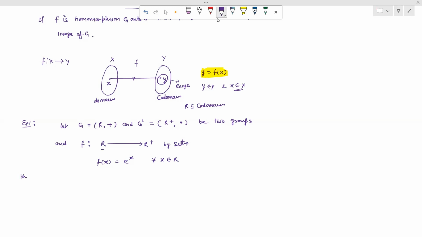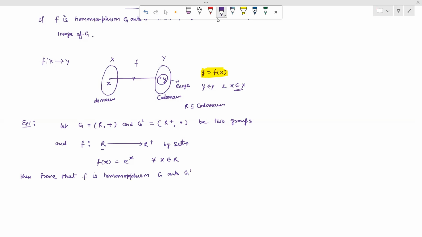Then prove that f is a homomorphism G onto G dash.